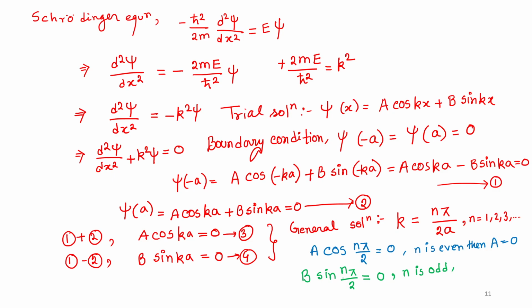When n is even, right? Sine pi, sine 2 pi, sine 4 pi, sine 3 pi. So these are the values when the sine term becomes 0. But sine pi by 2, sine 3 pi by 2, sine 5 pi by 2 are not 0. So if that term is not 0, this overall equation will be 0 only when B is 0, right? So we get two boundary conditions from here.